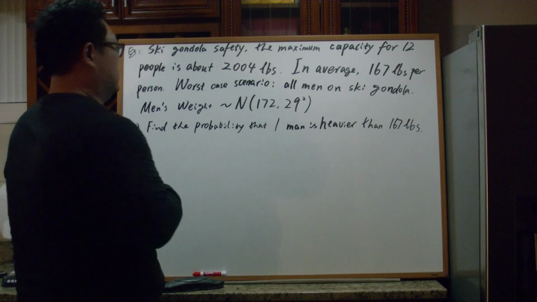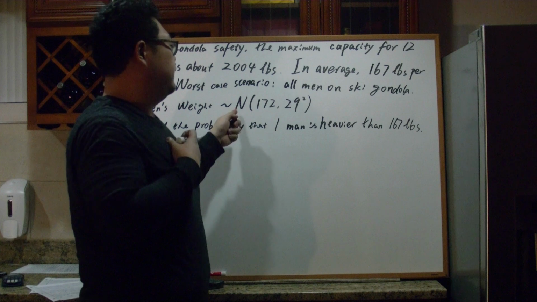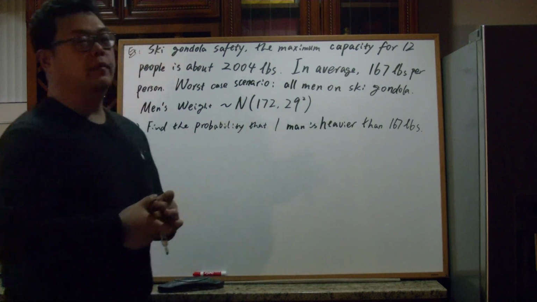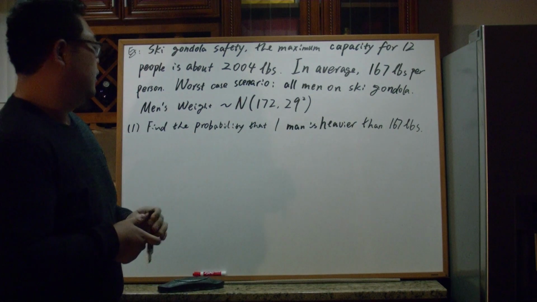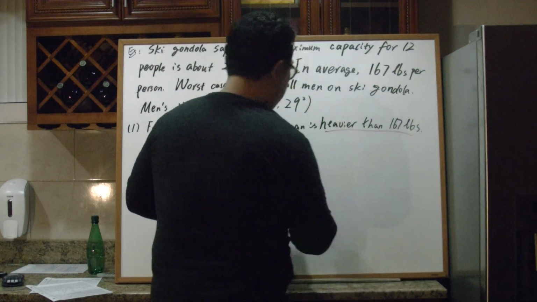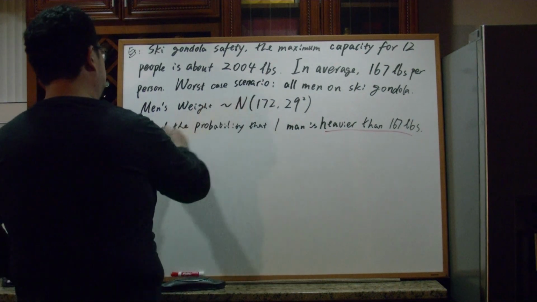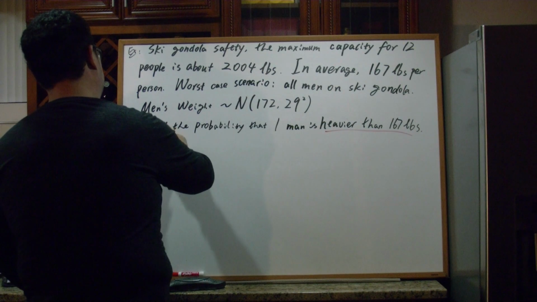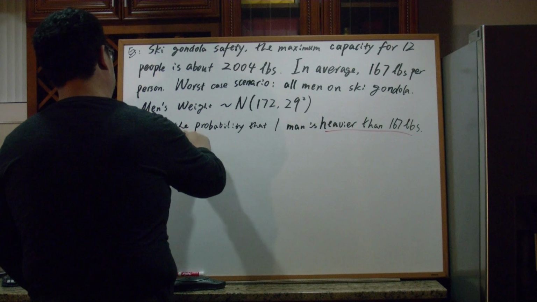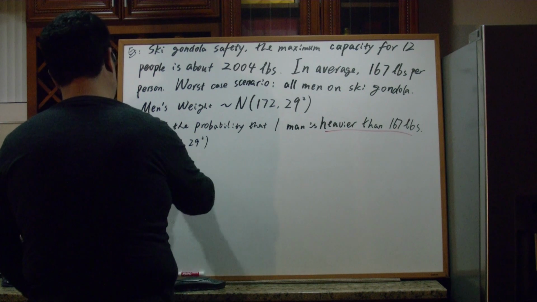To solve it, we have seen many examples already. Given that the man's weight is normally distributed, X is the man's weight, with mean 172 pounds and standard deviation 29.